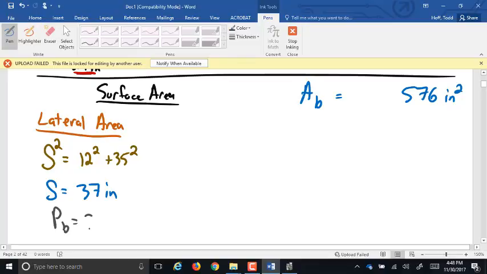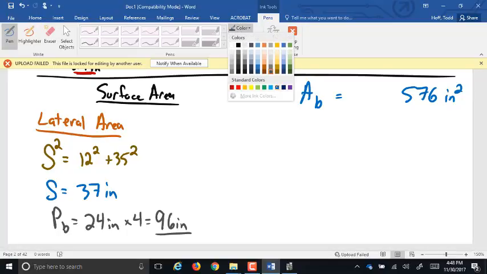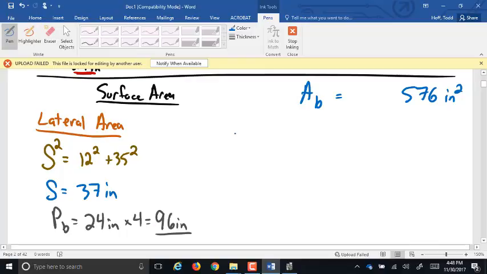The perimeter of the base here is just 24 inches times 4, because there's 4 of them, which is 96 inches. Or we could have done 24 plus 24 plus 24 plus 24. The perimeter of the base is 96 inches. So lateral area is that perimeter of the base, 96 inches, times the slant.